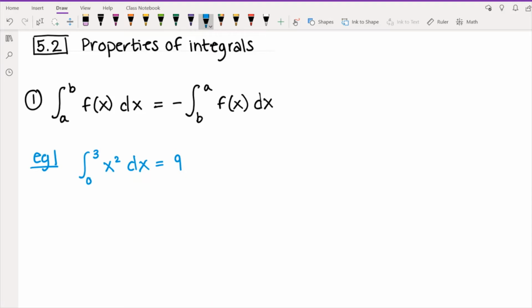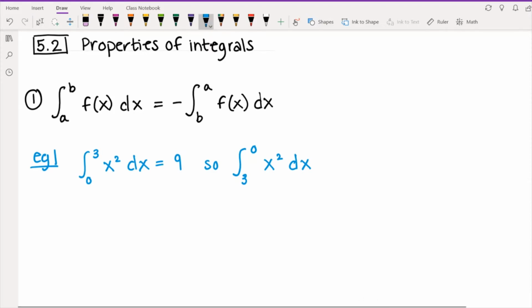But in some circumstances, and we'll see this show up later in the quarter, you might end up with an integral that looks like this instead, the integral from 3 to 0 of x squared dx. And that doesn't really make sense in terms of the area interpretation, right? Because we should be going from left to right and saying, okay, between here and here. And so the way that we interpret this, if we have the bounds reversed so that the bigger number is on the bottom, we just flip the sign.